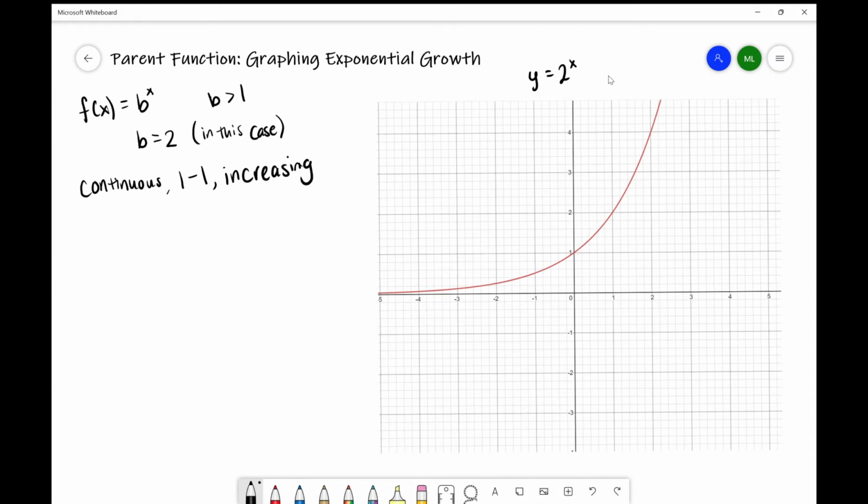So let's observe the domain for this function. The domain for this function, or any function that takes on the b to the power of x form, is, so domain means x values. So you want to look at your x-axis. What's happening in your x-axis?